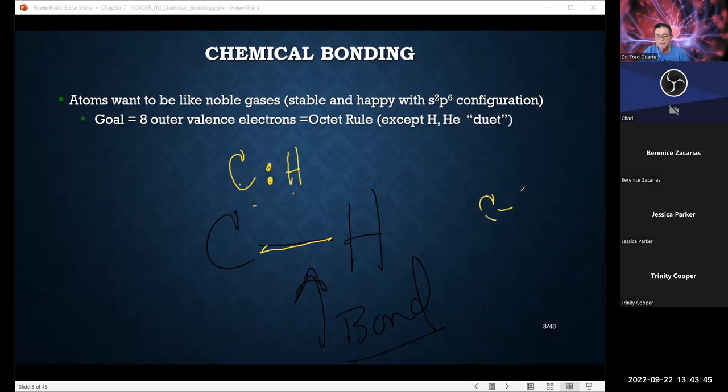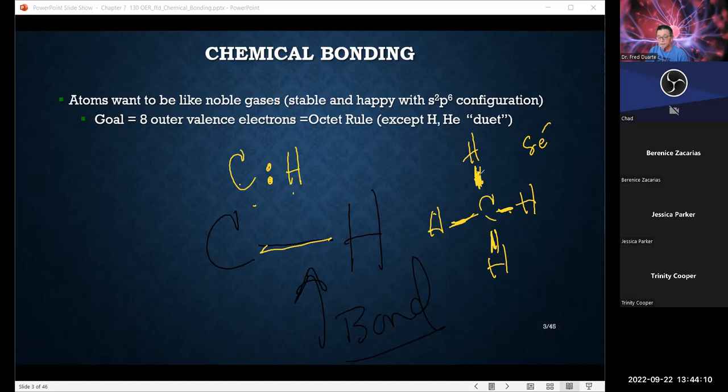Let's take this example here where we have carbon with 4 hydrogens bonded to it. Okay. Notice that each line represents 2 electrons. So we have a total of 8 electrons. There's 4 lines, 2 of them. So we got 8 electrons around carbon. Each one of those 2 electrons are being shared with hydrogen.